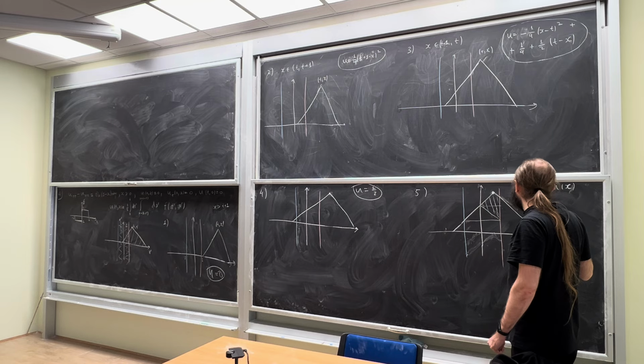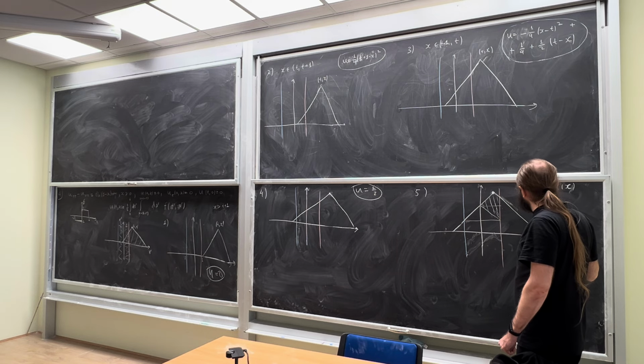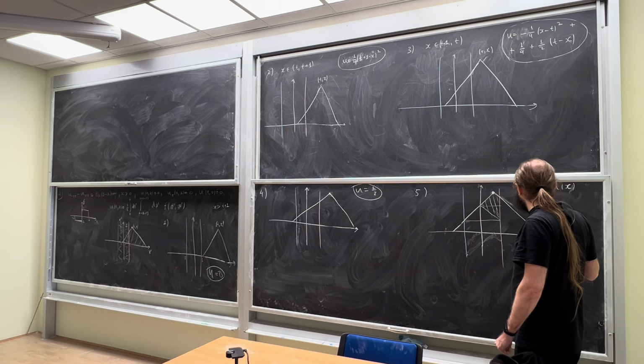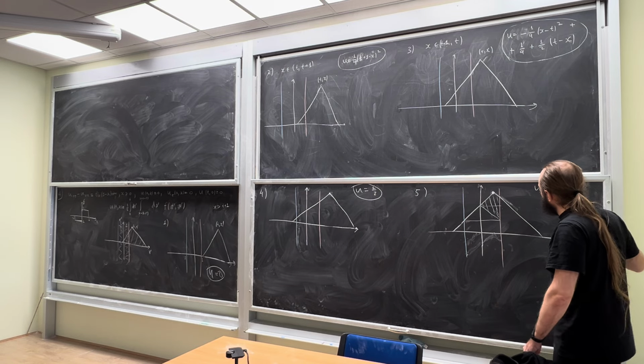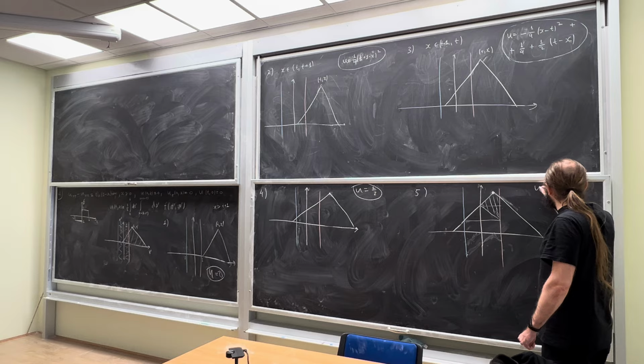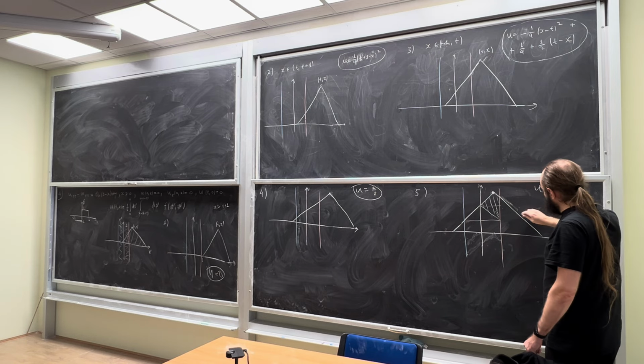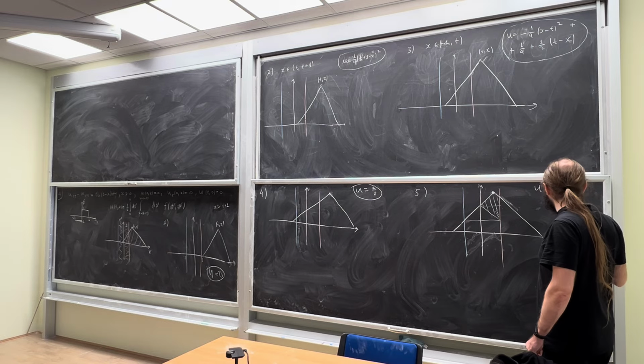It's going to be a quadratic, like constant plus x minus half squared, because the maximum is 1/2, and it finishes at 0.